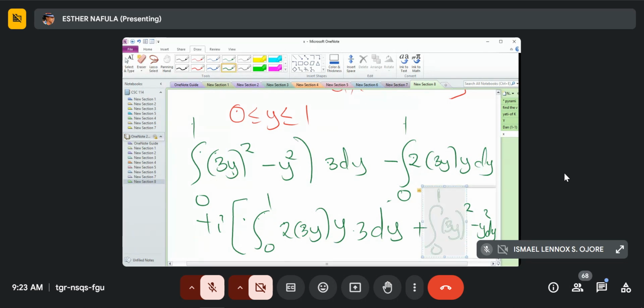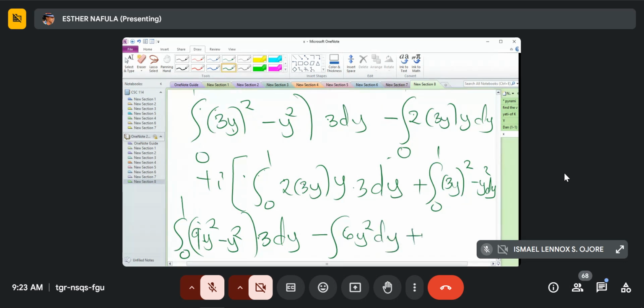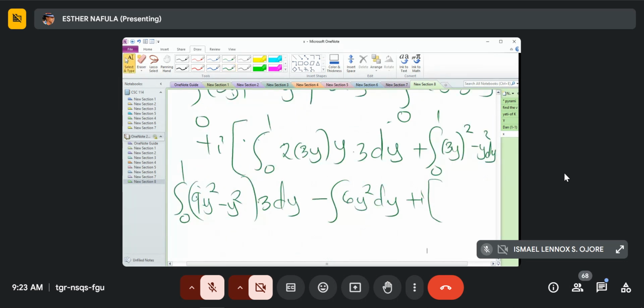We simplify this. So you'll get the integral from 0 to 1 of 3y squared, which is 9y squared, minus y squared, the whole thing times 3 dy, minus 2 times 3y times y, which is 6y squared, dy, plus i times 6y squared times 3, 18y squared.